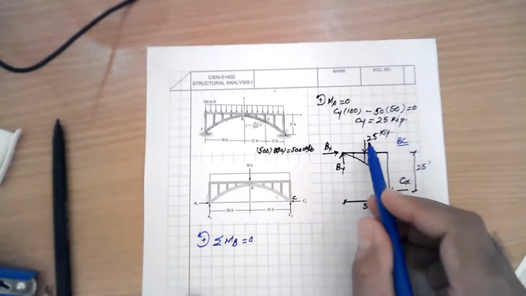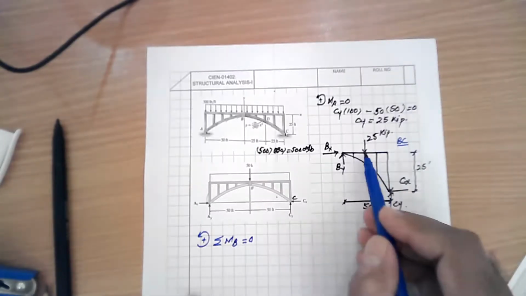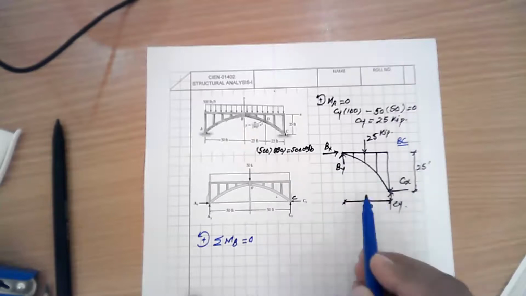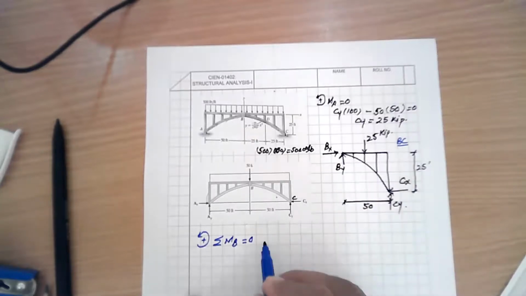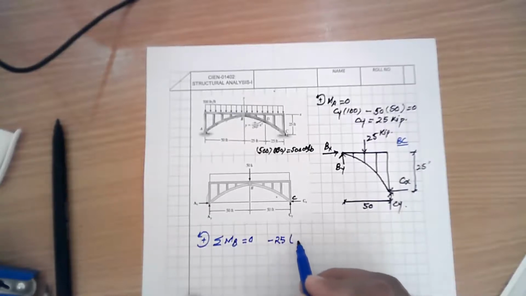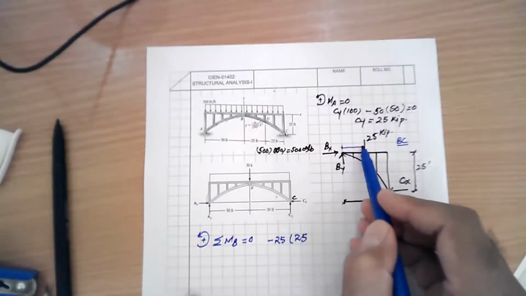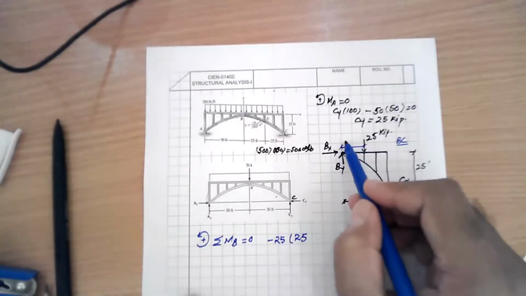So the equivalent force of 25 kip, which is downward, will produce a clockwise moment, minus sign, 25 into 25 feet. Half of this span is 25 feet, so the moment arm available here is 25 feet.